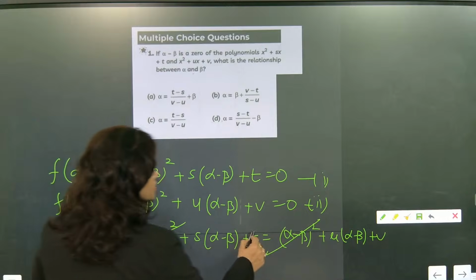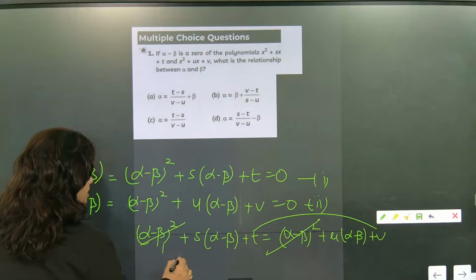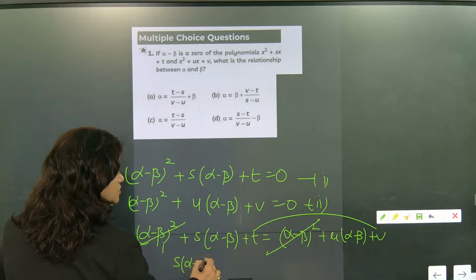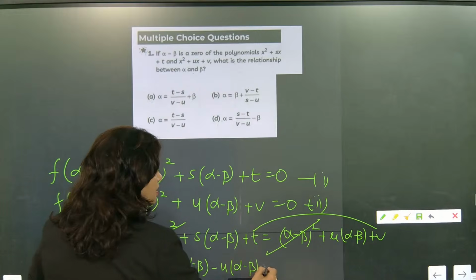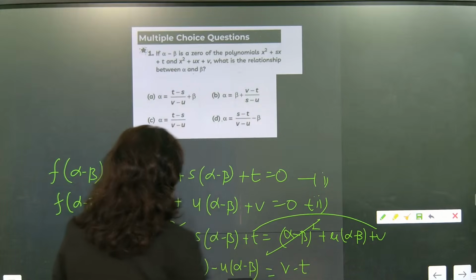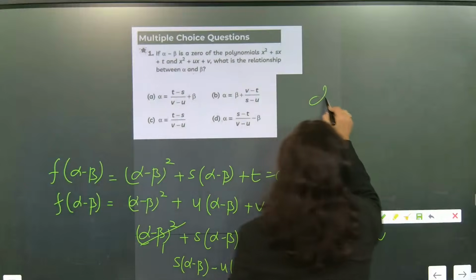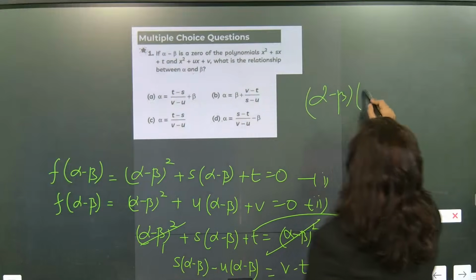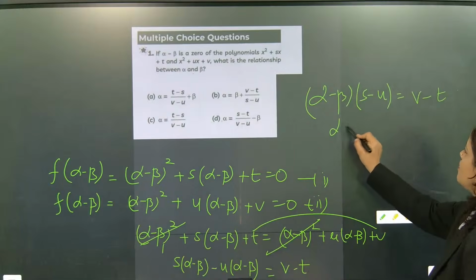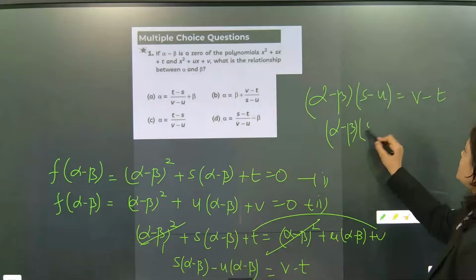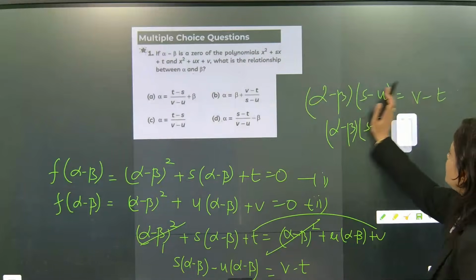Understood or not? So first t, you shift that side. It is s times alpha minus beta minus u times alpha minus beta is equal to b minus t. Take alpha minus beta common. It is coming s minus u is equal to b minus t. So alpha minus beta times s minus u, you shift it down.